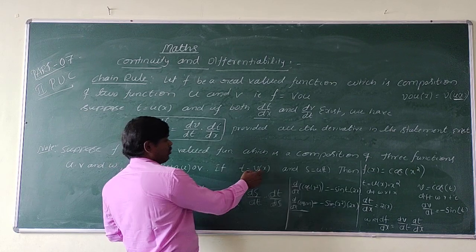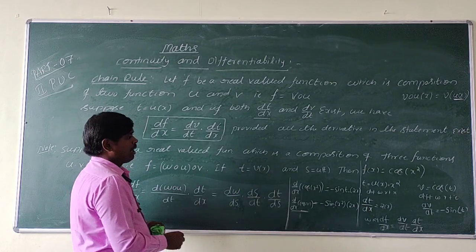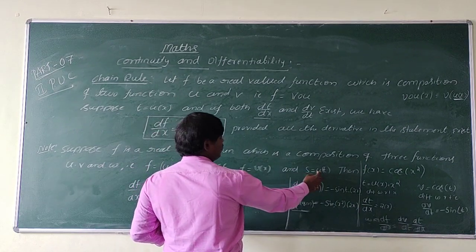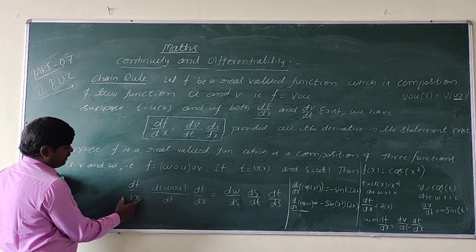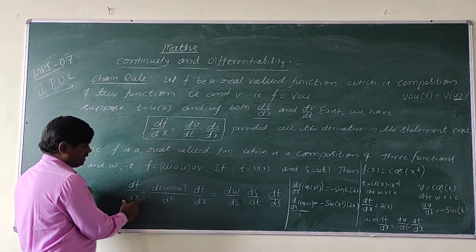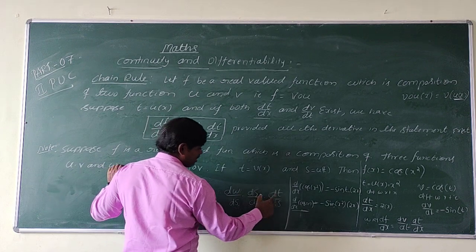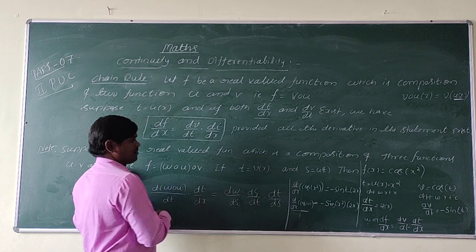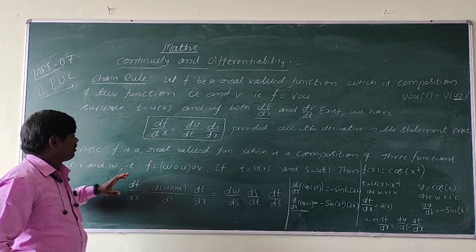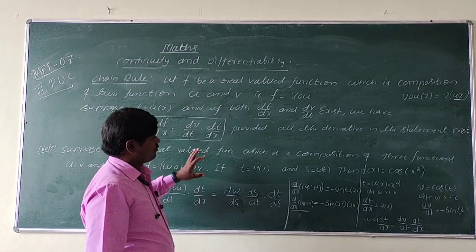If t is equal to v of x and s is equal to u of t, then df by dx is given by dw by ds into ds by dt into dt by dx. So we need to find all these and then substitute. Then we get the derivative of the composition of three functions.